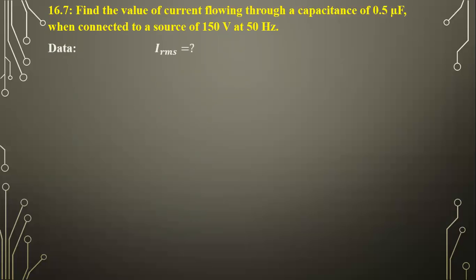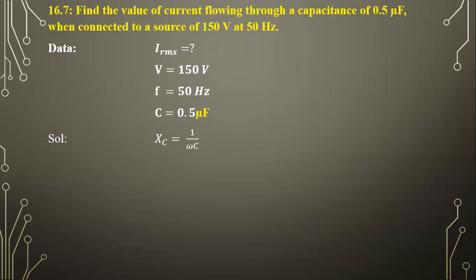So current can be determined as IRMS, where V is 150, frequency is 50 hertz, capacitance is 0.5 microfarad. So current can be determined by using XC is equal to V over I. So here we first have to find XC.